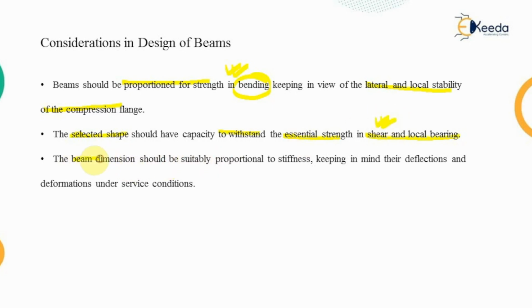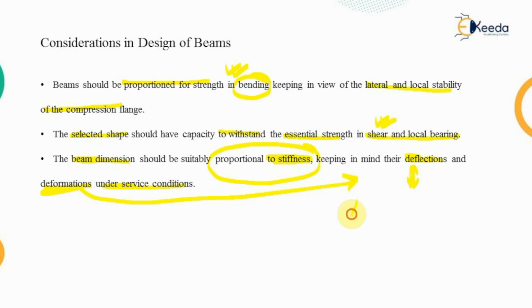And the beam dimensions should be proportioned in such a way so as to obtain the required stiffness, so that the deflection and the deformation under service condition are limited. That means the deflection and the deformation should be up to a limiting extent. It may be possible that because of excessive deflection or deformation the structure may not fail, but it may not be pleasing to the eyes from the aesthetic point of view.